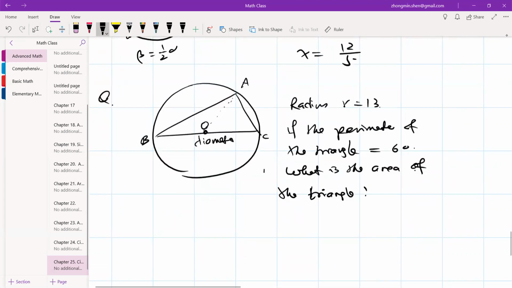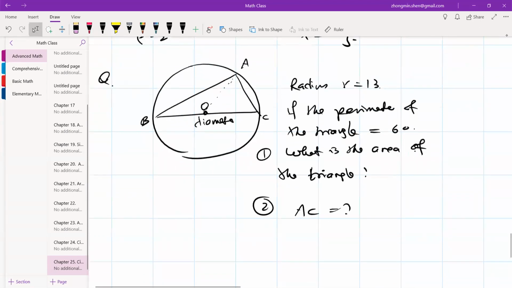That's the first question. Second question, can you find the AC? Because BC is already known. So if you find the AC, then you can find the BC. We assume that AC is shorter than AB, the short one.